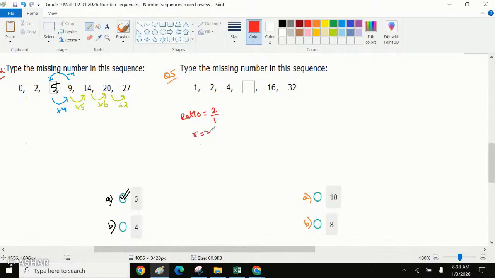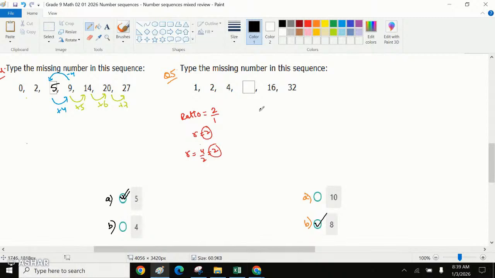The ratio comes out to be 2. We need to confirm the ratio. 4 upon 2 is still 2, right? That means the common ratio is 2. We do not need to use a formula over here, but we can always use a formula. Yes, it is 8. Thank you. But if they would have asked term number 35, that would be difficult for us, right?